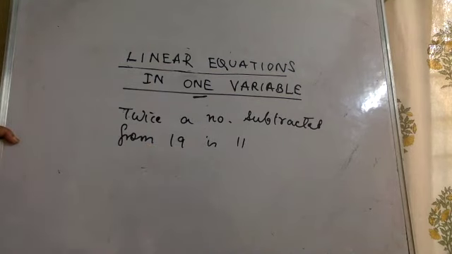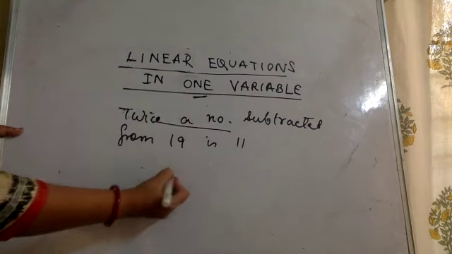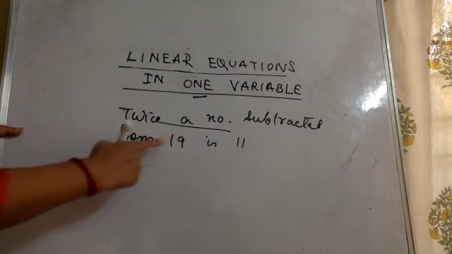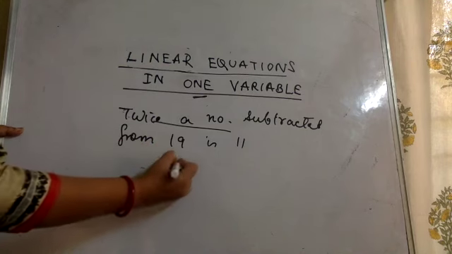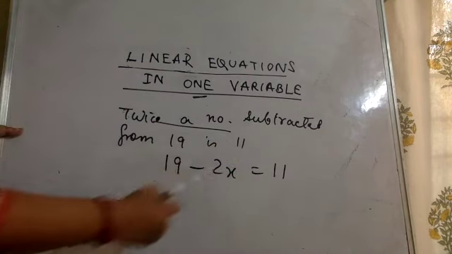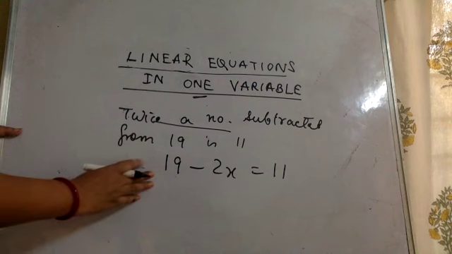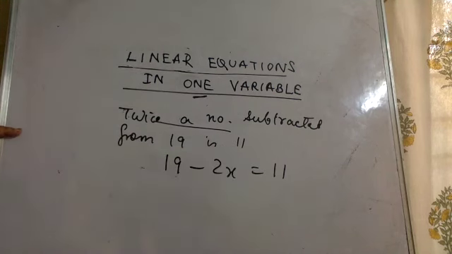Okay, twice a number subtracted from 19 is 11. Then, twice a number, that means it's 2x, and here the word from has come before 19. So 19 minus 2x is 11. Is the equal to over here. Okay, so twice a number subtracted from 19 is 11.